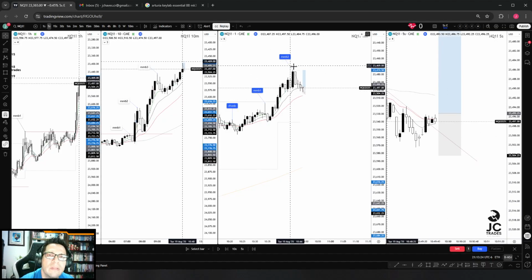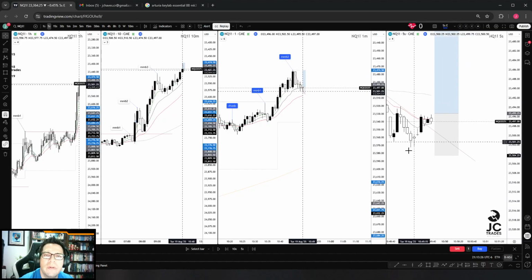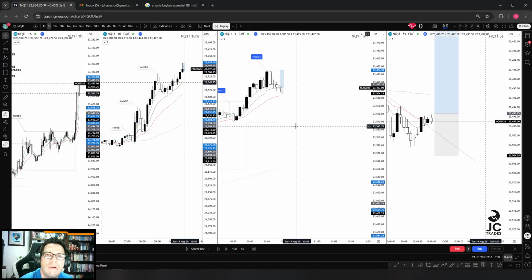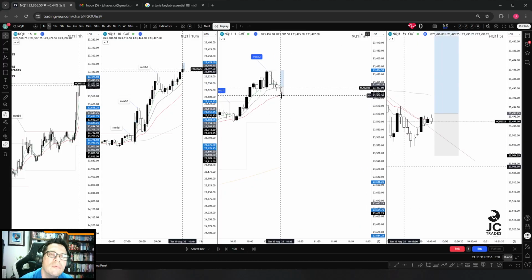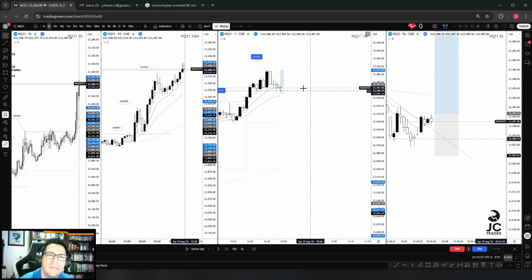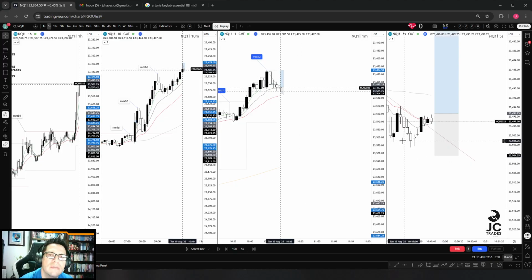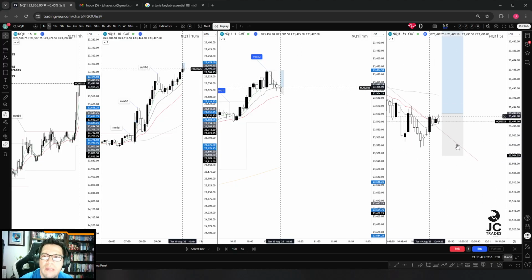So at this time we had this containment line, we had price coming here, right below the 10, and then sellers coming in and reclaiming this 10 EMA, and we had this double MB.